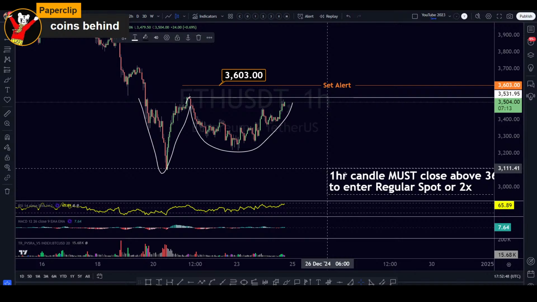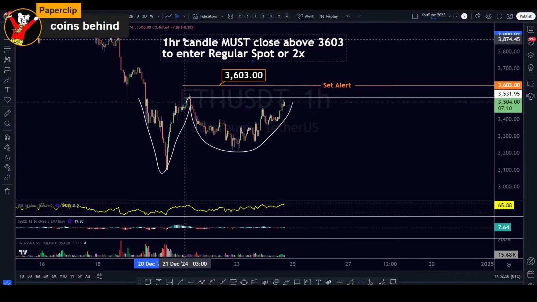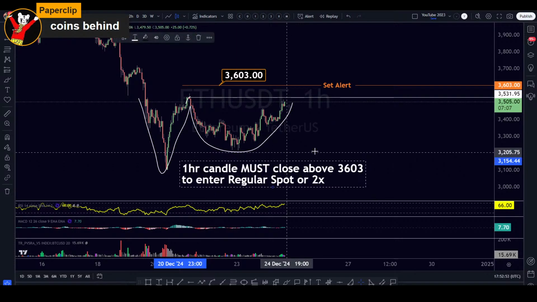I'm trying to type slow because the mic's right by the keyboard. And that's it. Okay. So we'll put that right there. I'll put it on the bottom.